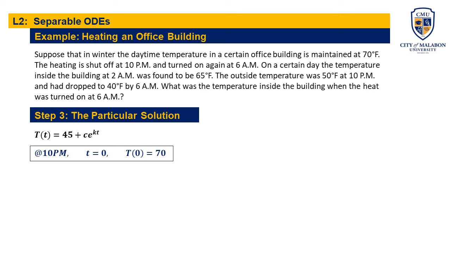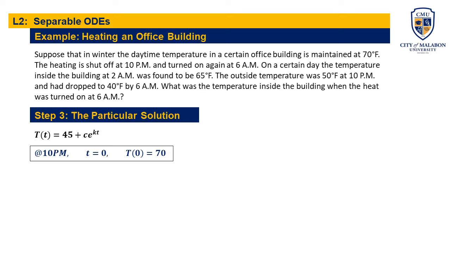So we are going to eliminate two constants in this particular solution. Therefore, we need to have at least two or maybe three boundary conditions to solve for these two constants.